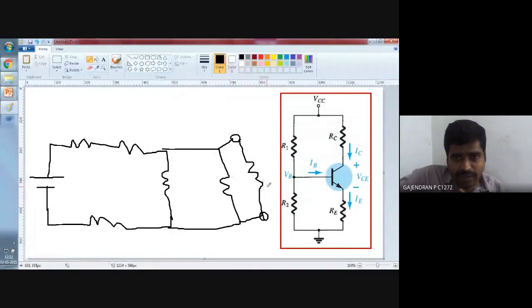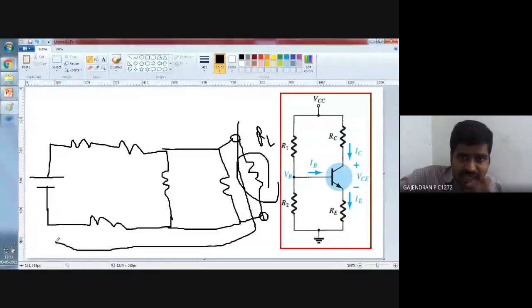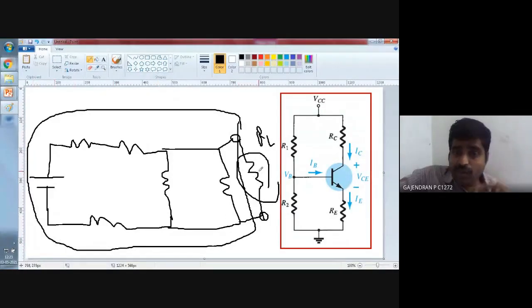This is what I'm going to consider as the load resistor. But my input circuit is a fixed one. Only the load resistor varies. Then Thevenin thought: why do I need to carry so many elements in my circuit during analysis?